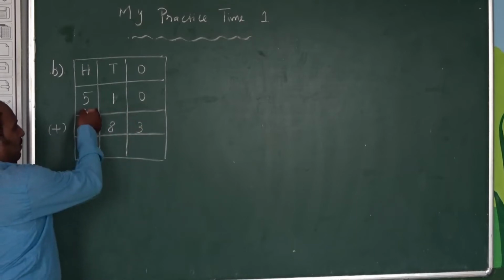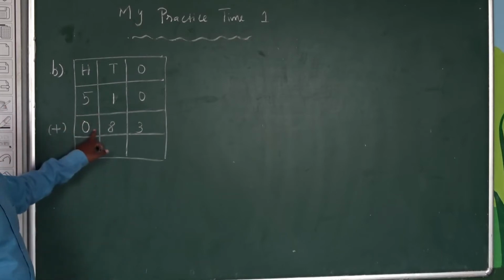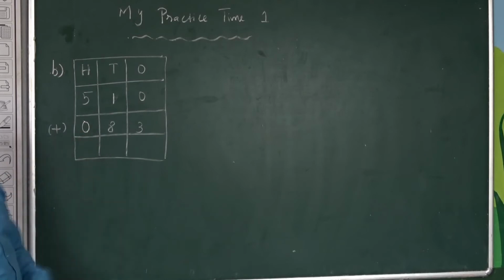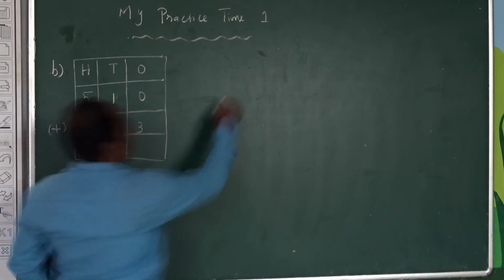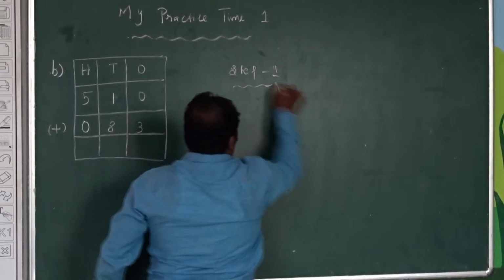Here hundreds has 5, here it is empty, so we take 0 in the hundreds place. Step 1. First we add the ones place.